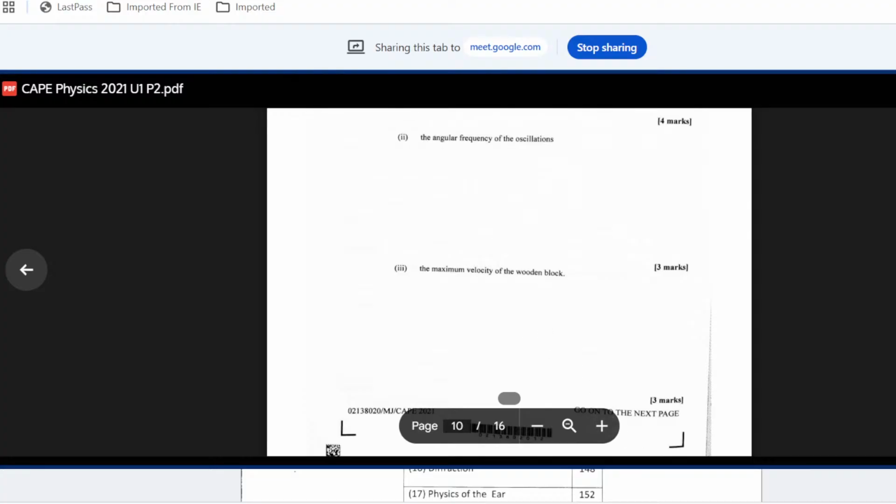All right. Angular frequency here, what symbol are we talking about now? I can only assume that it's not the same W. Isn't this just asking for omega?